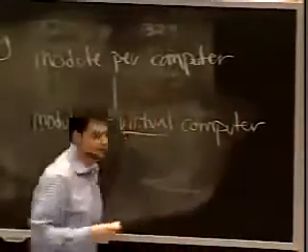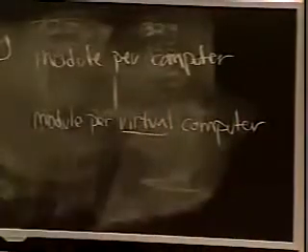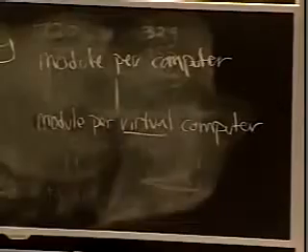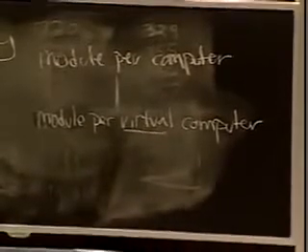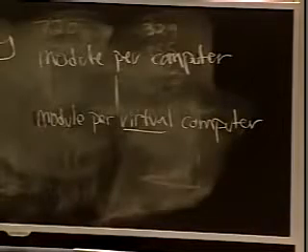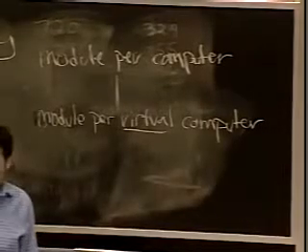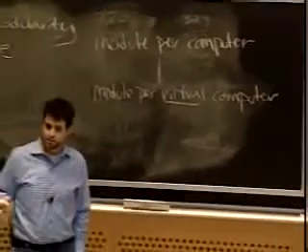We're going to create this notion of multiple virtual computers that are all running on one single computer, and then we're going to run each one of these modules within a virtual computer. I'll talk more about what I mean by a virtual computer throughout the next couple of lectures.